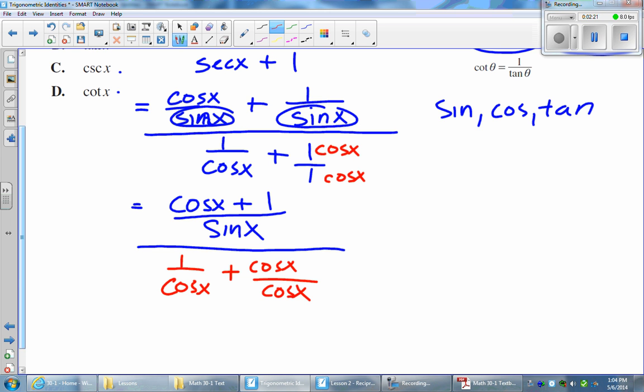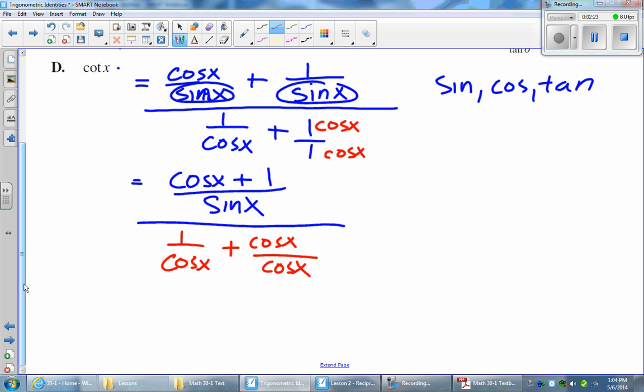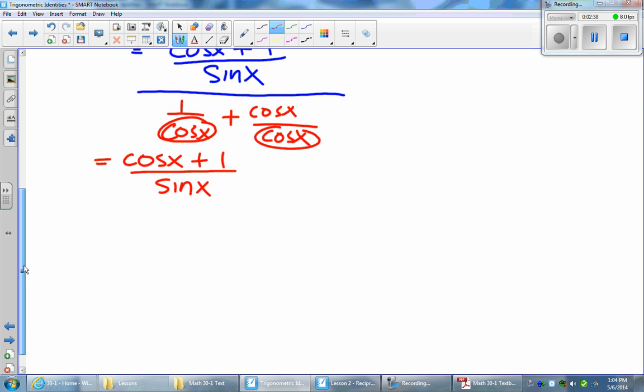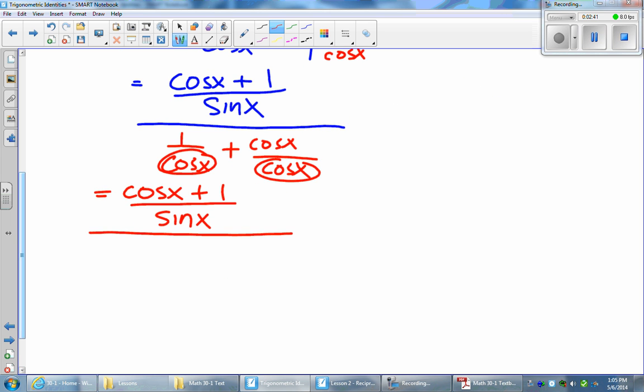So far, on the top I'm going to leave it exactly the way it is right now: cos x plus 1 over sine x. And on the bottom here, you'll see that we have the same denominator, so we can go ahead and put those 2 fractions together. So what I have now is 1 plus cos x over cos x.